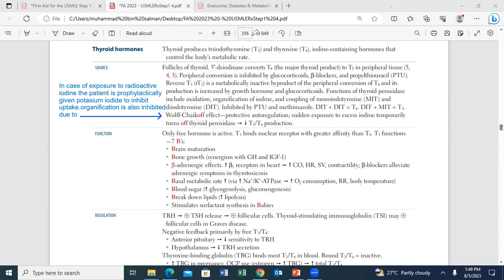Or you may get a scenario in which there is raised T3 with low T4, so you may understand that he is getting exogenous T3. Or you may get a scenario in which there is raised T4 but low T3, so you may understand that the conversion of T4 into T3 is inhibited by some kind of glucocorticoids or beta blockers, or propylthiouracil. So they are going to use this knowledge very extensively.